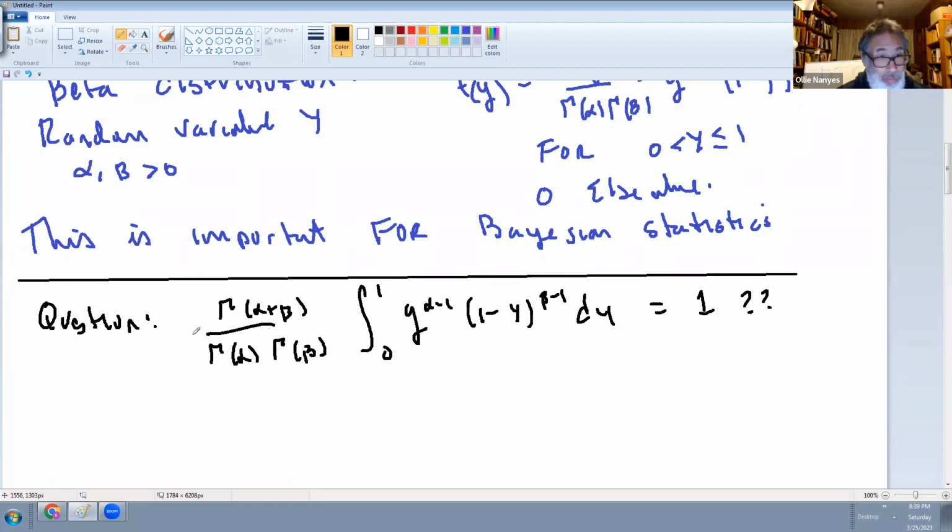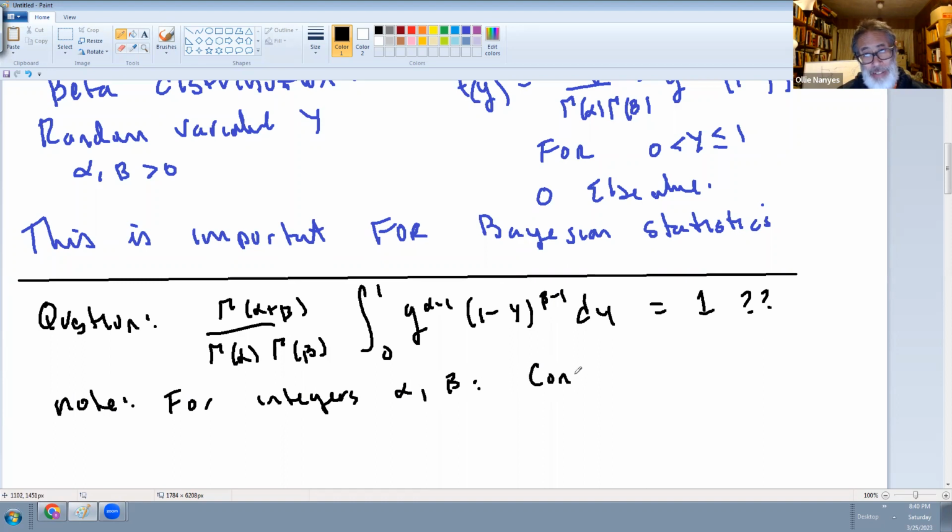Now note, in theory it can be a very messy integral, but for integers alpha and beta, it's conceptually not that bad.